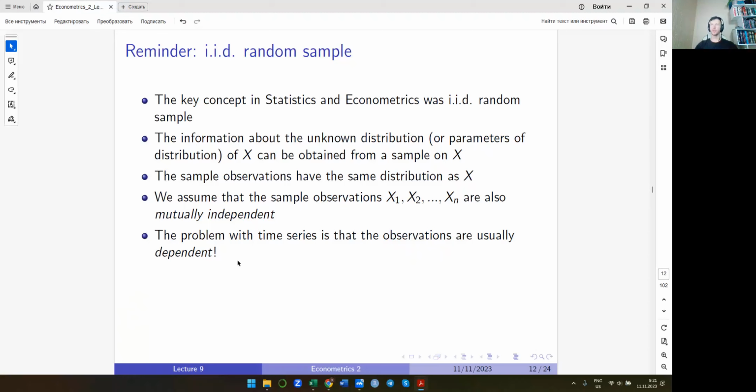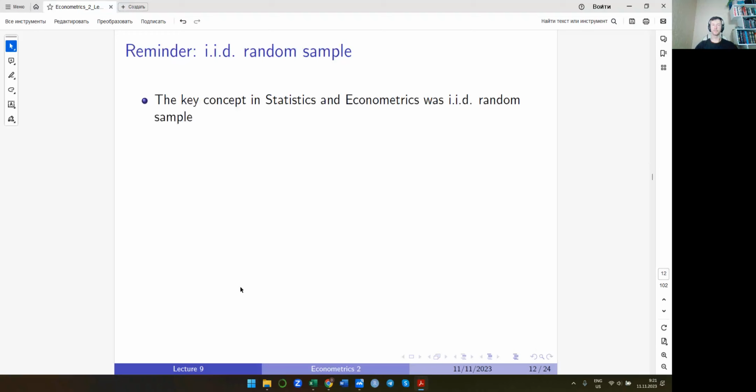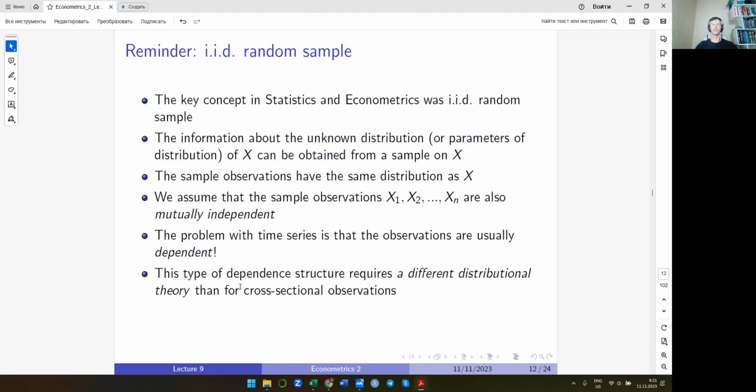And this is a huge problem because we are not able to apply the tools that we have discussed before. And yes, this dependency requires a different distributional theory, completely different than for cross-sectional observations.